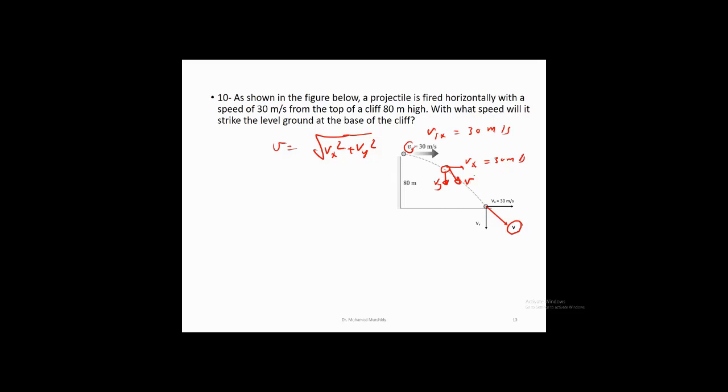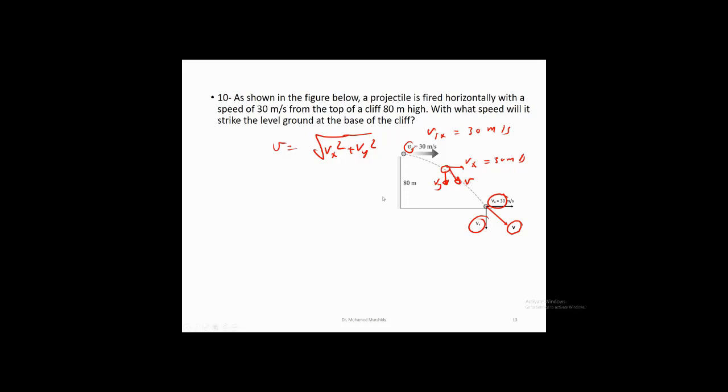There is no resistance. What will change is Vy. Our problem is to find Vy, and then we will get V from this simple equation, Vx squared plus Vy squared under the root.